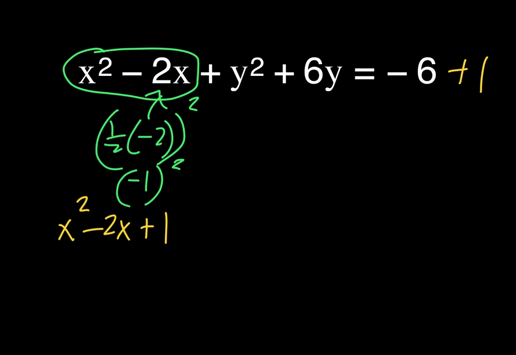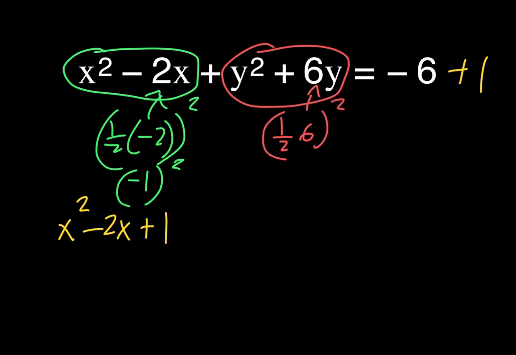Then I am going to do this just like I did parabolas, and complete the square for that one. So I'm going to take half of b and square it. Half of 6 is 3. Then we're going to square it, and that will be 9.